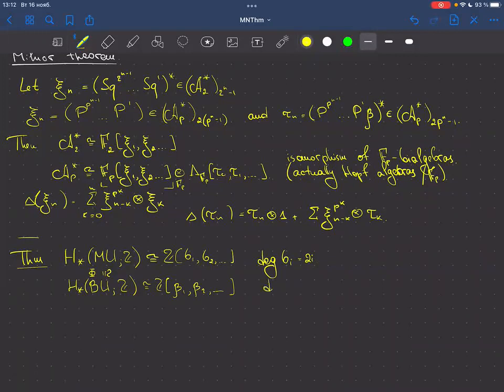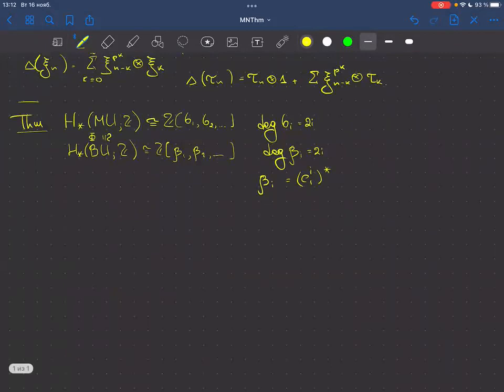Again, the degree of beta i is 2i, and beta i is dual to the ith power of the first Chern class with respect to the basis of monomials in Chern classes. Of course, the same works for finite fields, and the description of the comodule structure is the following.